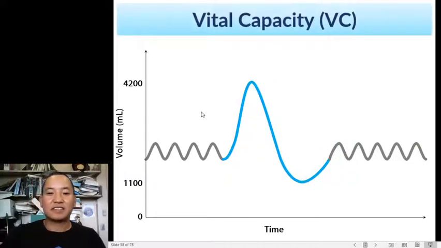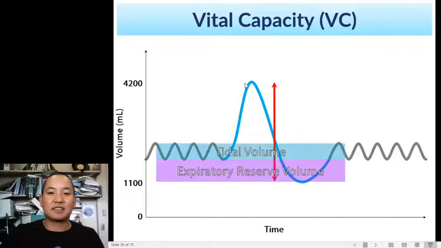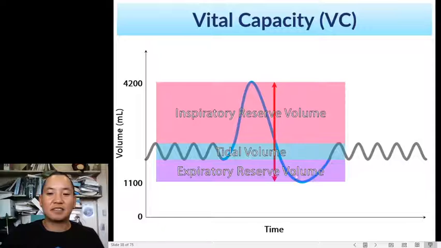So vital capacity, this is how you measure it. You just take the extreme peak and subtract the valley from that extreme peak. So I guess it's the difference between the maximum you can breathe in and the maximum you can breathe out. Or you can also calculate it as inspiratory reserve volume plus tidal volume plus expiratory reserve volume.